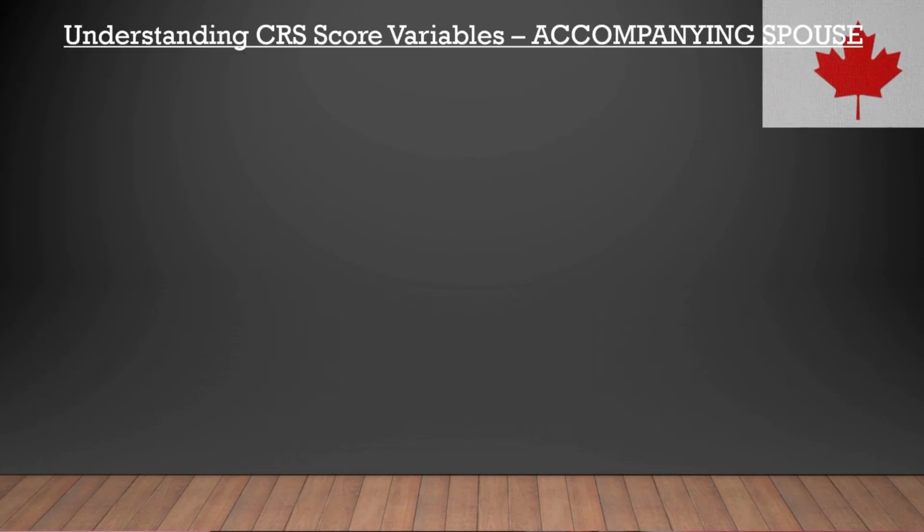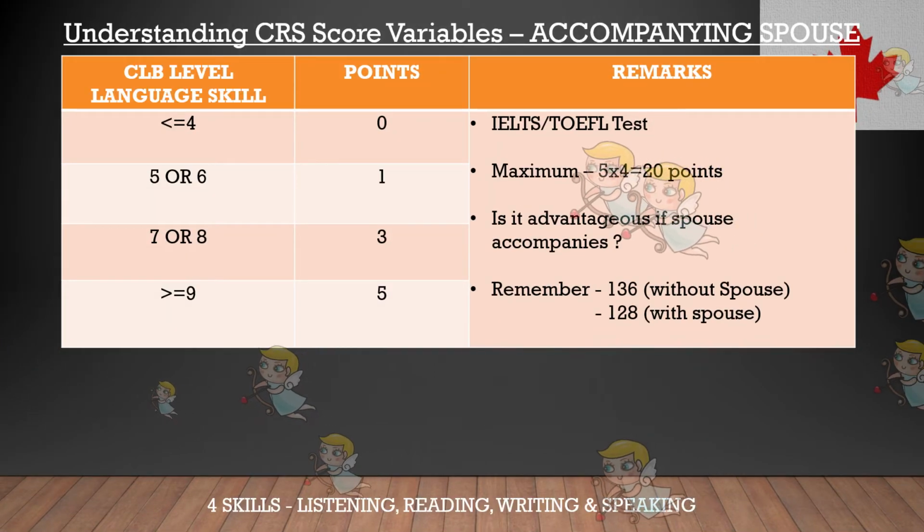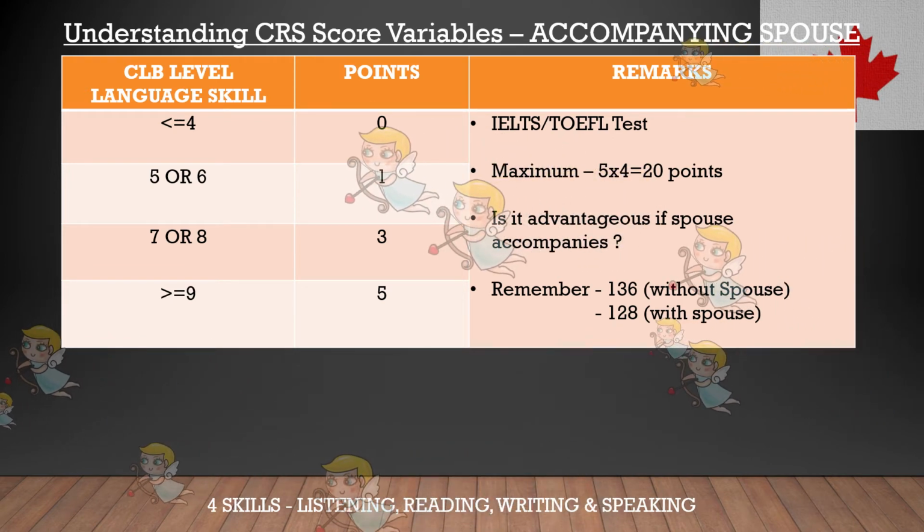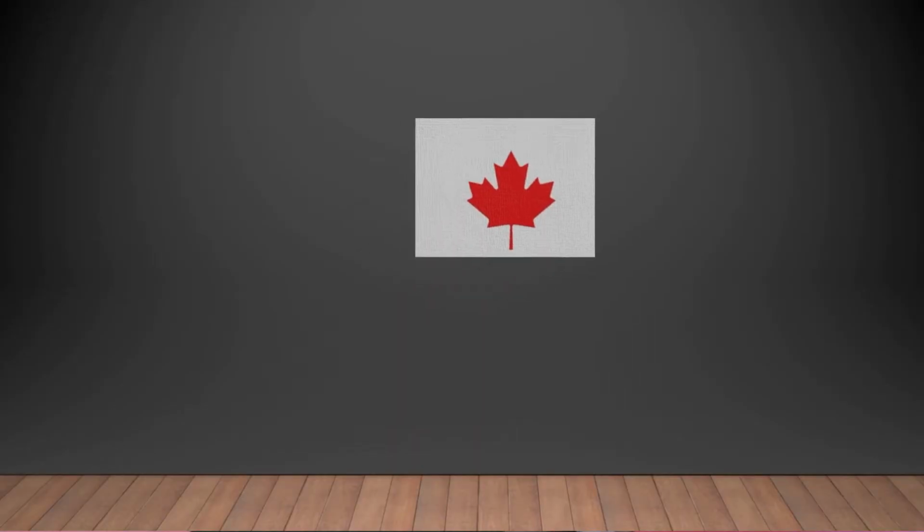So it is very clearly flashed on the slide. Again, under accompanying spouse, let's look at how the spouse contributes with language proficiency. It's straightforward, a maximum of 20 points. Now moving on, one more factor is her or his Canadian work experience.